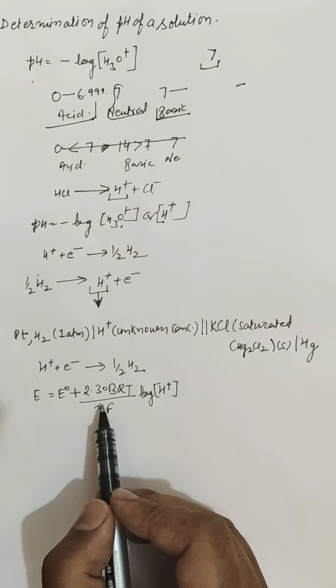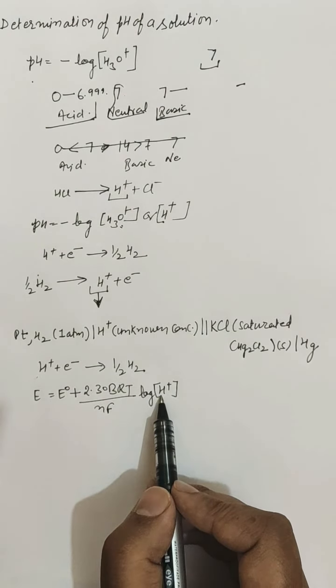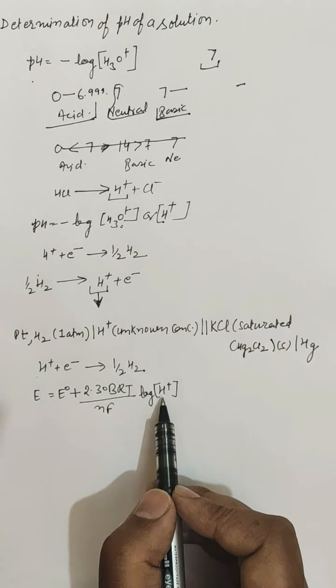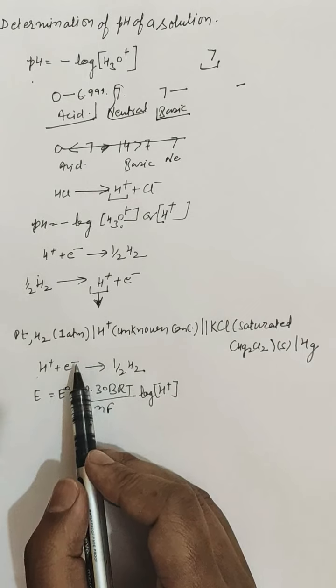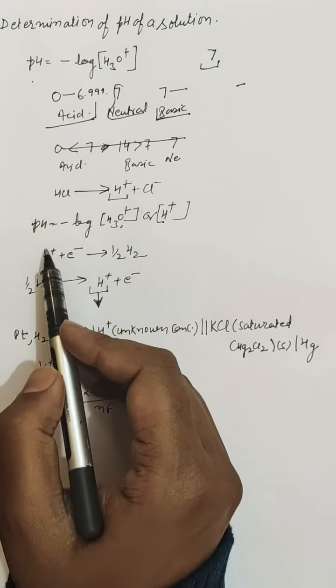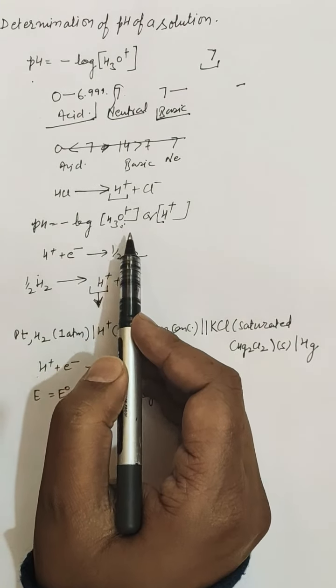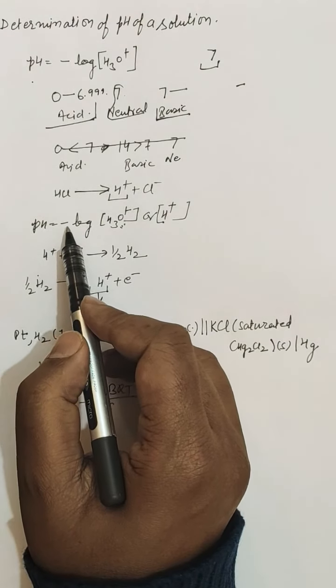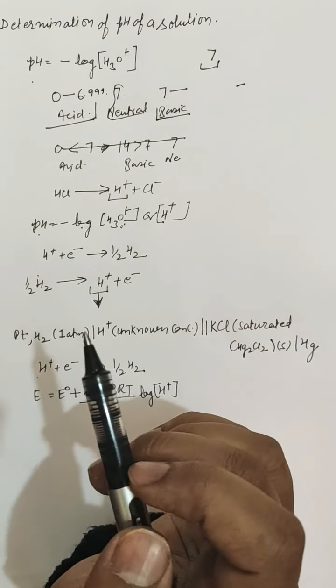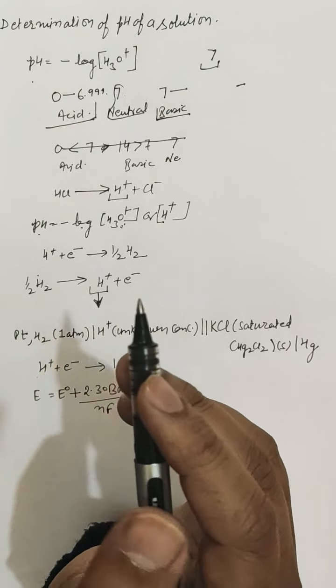Basically this Nernst equation is helpful in calculating the concentration of hydrogen ion in this hydrogen electrode, and eventually this concentration will give us the value of pH. After calculating this concentration and taking its negative log, the pH of the solution can be calculated.